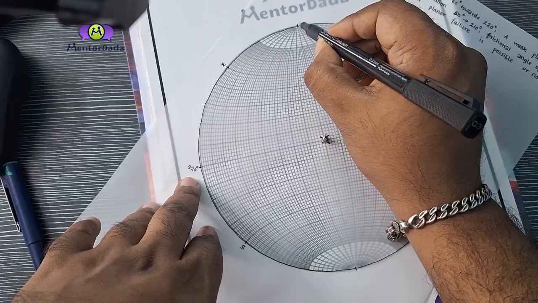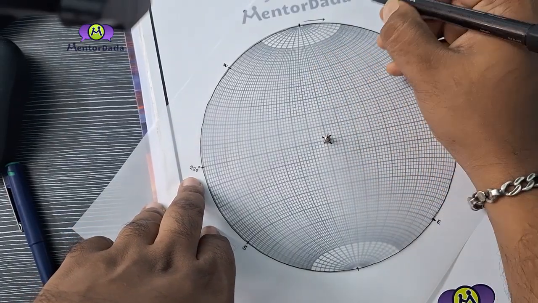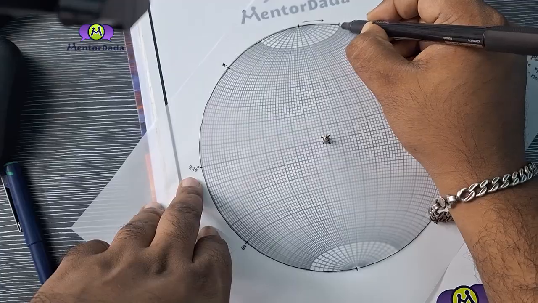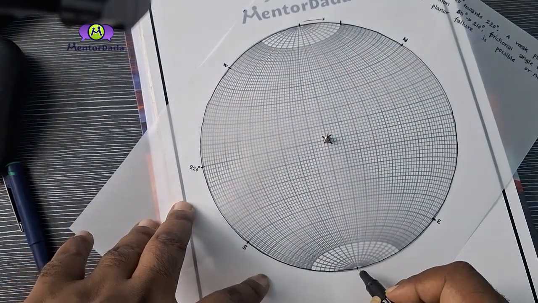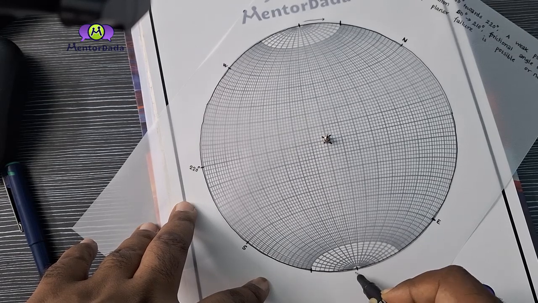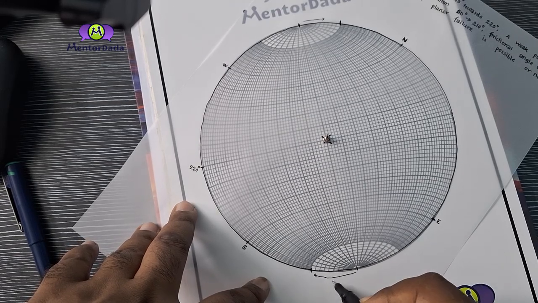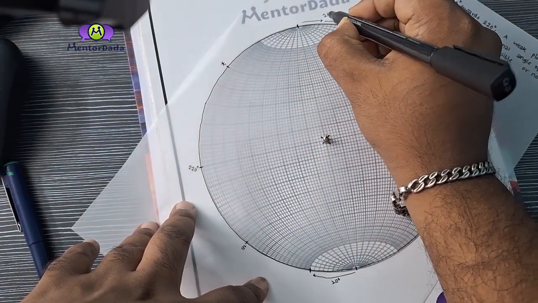If you go 20 degree towards this side, it will be somewhere here, and similarly if you go 20 degree in this direction, it will be somewhere here. This is also 20 degree.